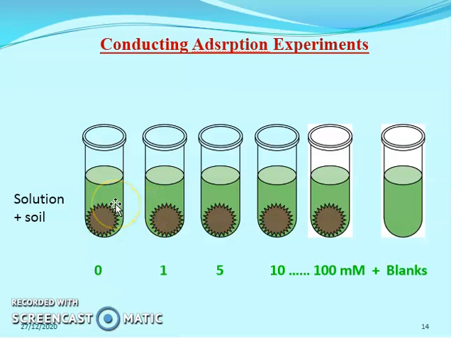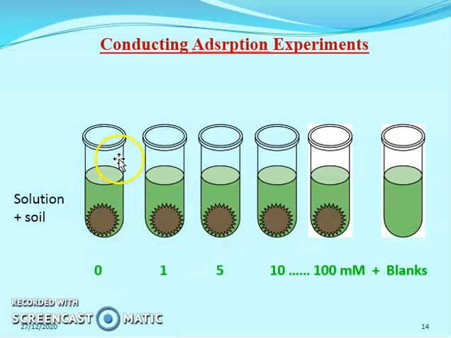If you are going to study adsorption of potassium, ammonium, or a heavy metal like copper, or a pesticide, for example DDT, let us talk about a heavy metal like cadmium. If I would like to study the adsorption of cadmium onto the zeolite, how can we do that?